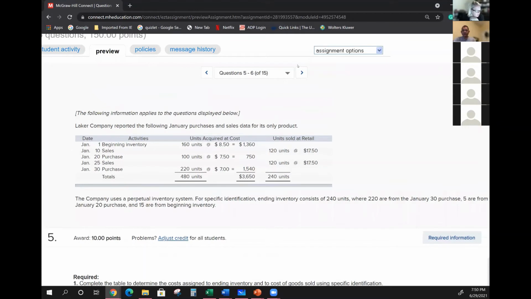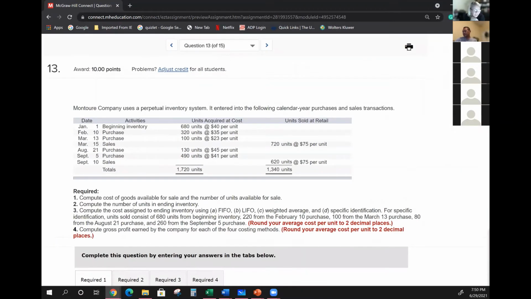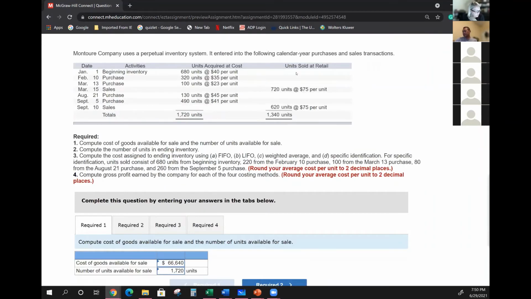So let's look at 13. Okay, we're doing perpetual. It's got your information in your table. It wants you to compute the cost of goods available for sale, the number of units available for sale, the number of units in ending inventory, and it wants you to do all 4 methods to compute the cost.